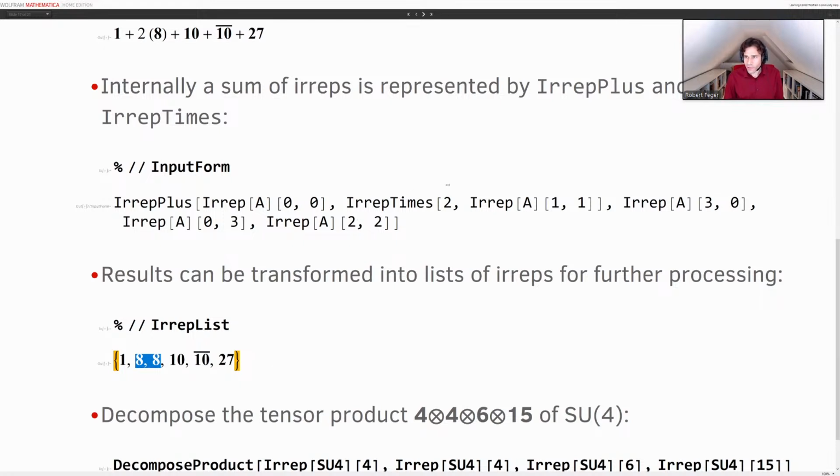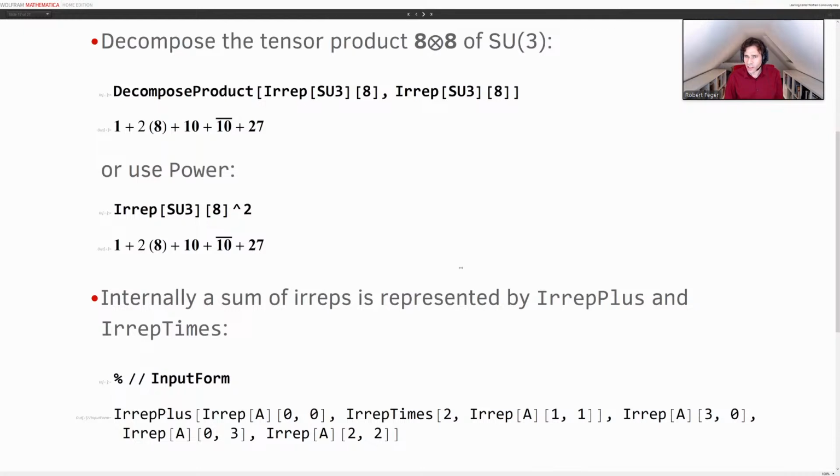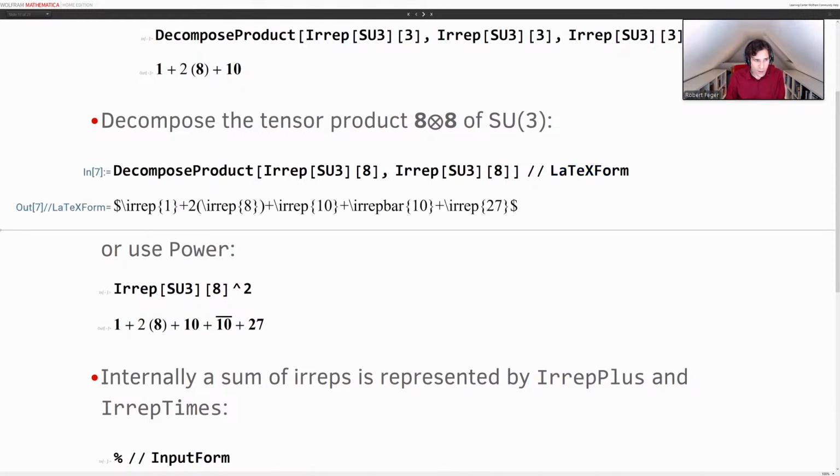I had a slide about a LaTeX package that comes with LieART. You can output the results of such a decomposition, for example, in LaTeX style. Let me try this here. So this is the result, and if I say LaTeX form, it will give you this.